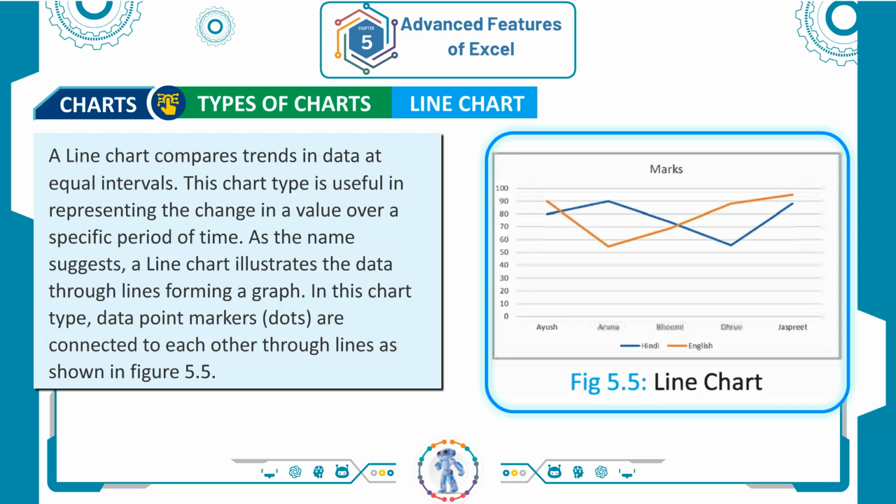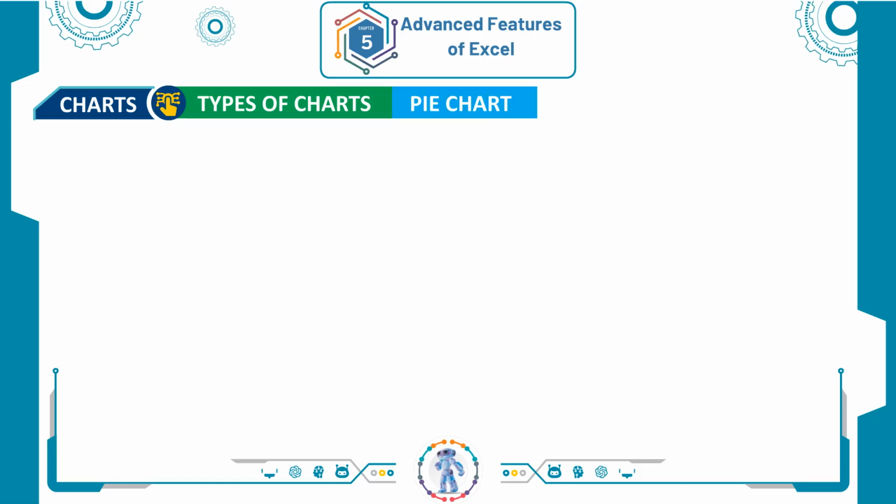A line chart compares trends in data at equal intervals. This chart type is useful in representing the change in a value over a specific period of time. As the name suggests, a line chart illustrates the data through lines forming a graph. In this chart type, data point markers, dots, are connected to each other through lines as shown in Figure 5.5.